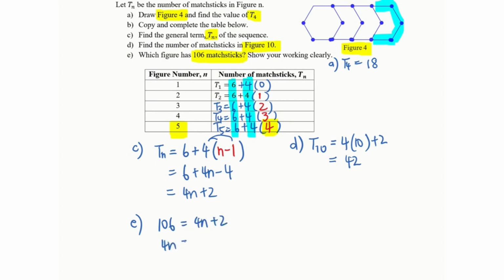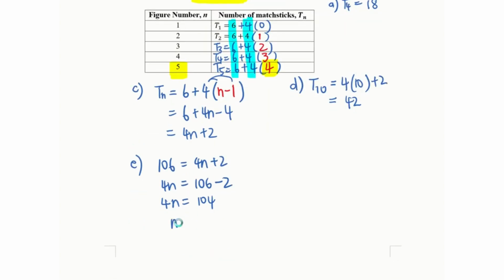So 4n equals to 106 minus 2, 4n equals to 104, and n equals to 104 divided by 4, that will actually give you 26. So please conclude your answer and say figure 26 has 106 matchsticks.